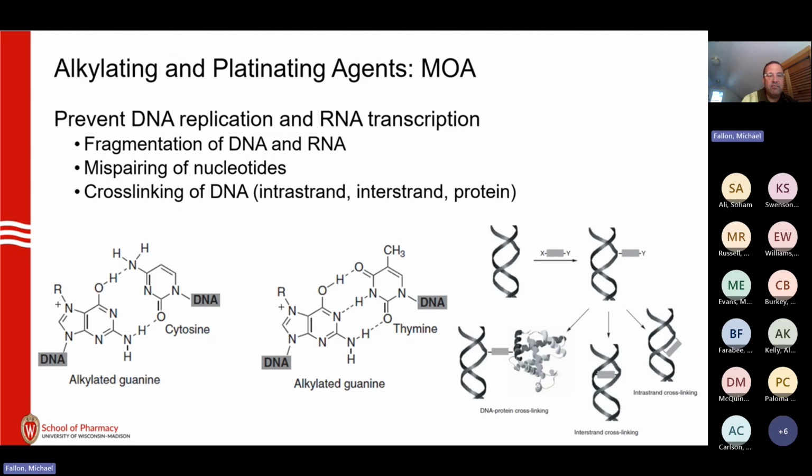There's either fragmentation of DNA and RNA, or mispairing of nucleotides, and oftentimes when you mispair the nucleotides, you'll have a stronger bond. You can see alkylated guanine-thymine has 3 hydrogen bonds. It's more stable, even though that's not biological. That's a mutation that will be deleterious long term. And then there's cross-linking of the DNA, either interstrand or to proteins, that destabilizes the cells.